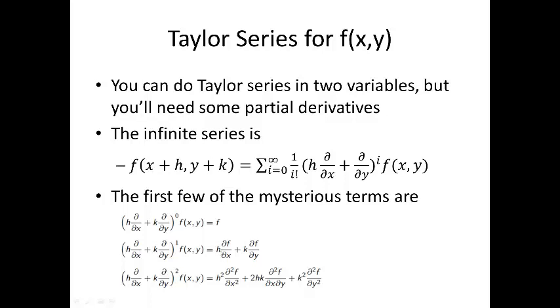The first-order term is h times the partial derivative of f with respect to x plus k times the partial derivative of f with respect to y.